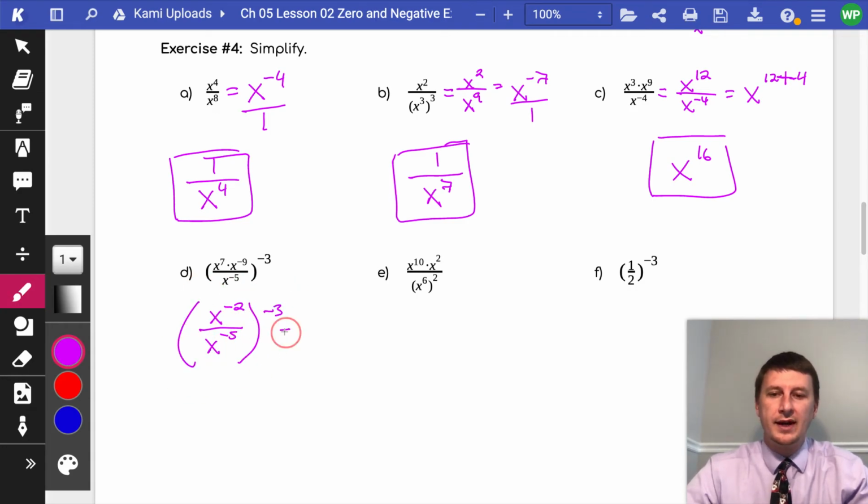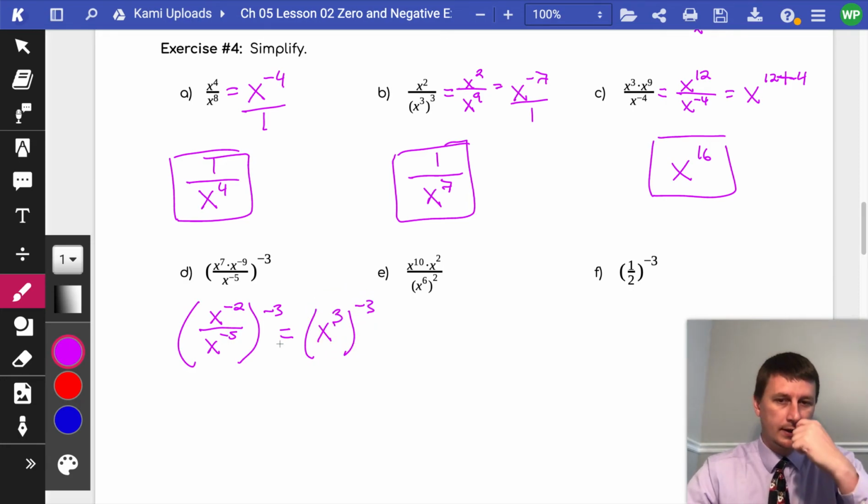We could simplify that again by using our quotient rule, which says to subtract the powers. So we're going to have x to the negative 2 minus negative 5. So again, a double negative, similar to up here. Negative 2 minus negative 5 would give you positive 3. And then you have a power of a power property, where you have x to the third to the negative 3rd. So you're going to multiply your two powers there, and you're going to get x to the negative 9th.